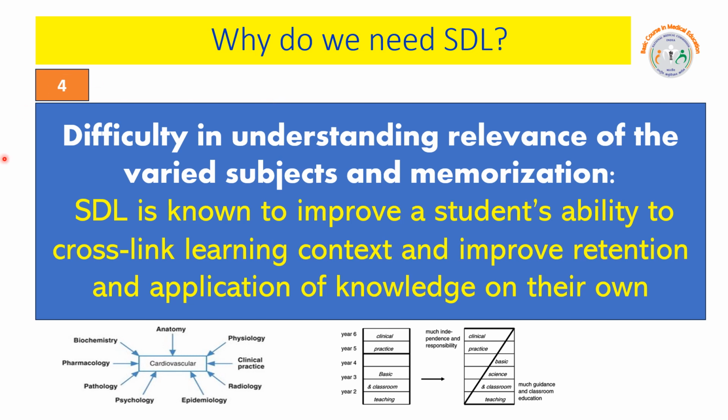If these things are not correlated, or if there is no integration among them, then it becomes difficult for the student to understand the relevance, and also difficult to memorize.